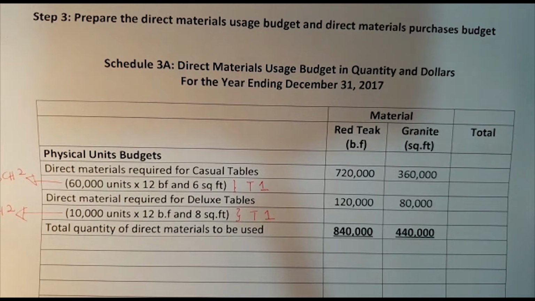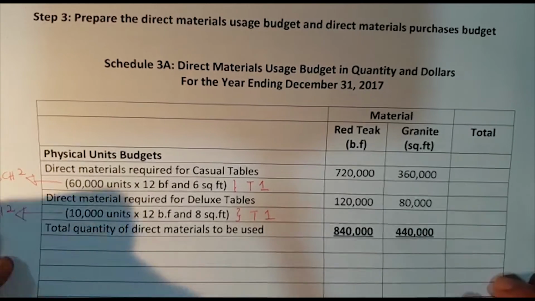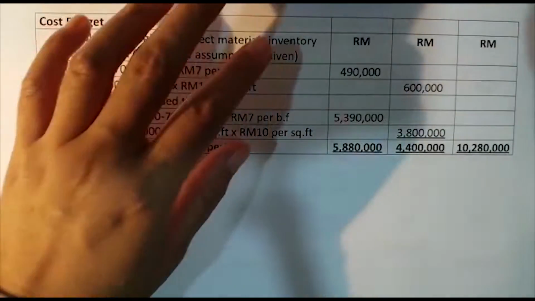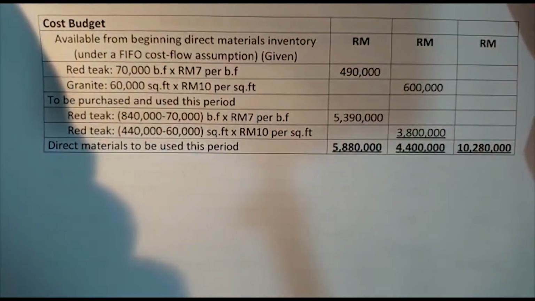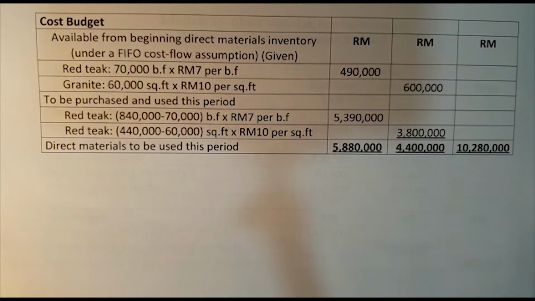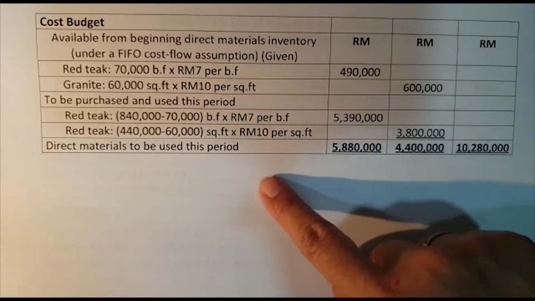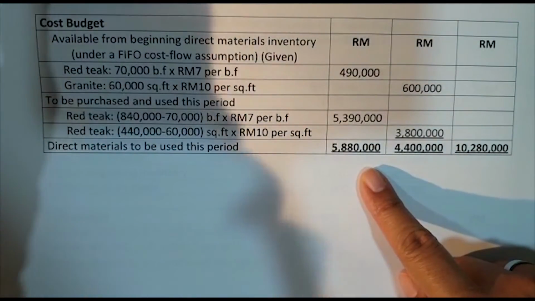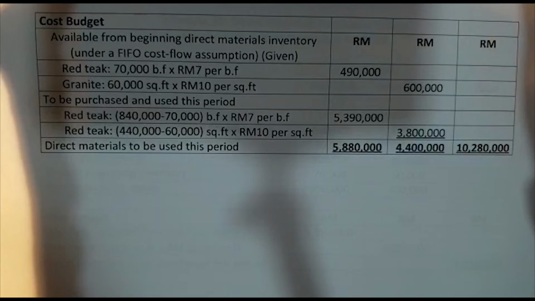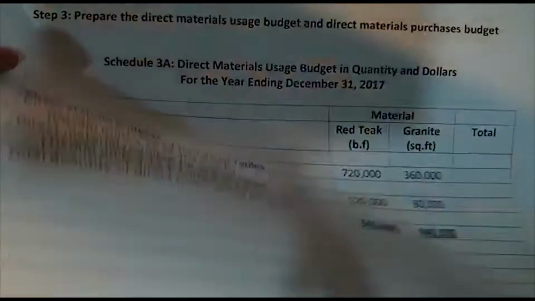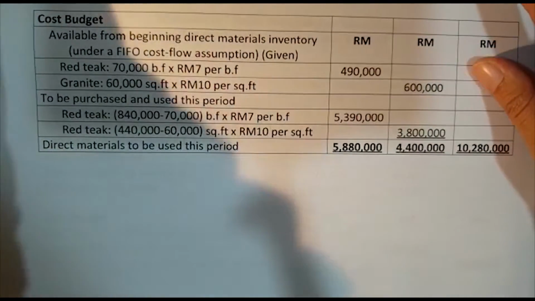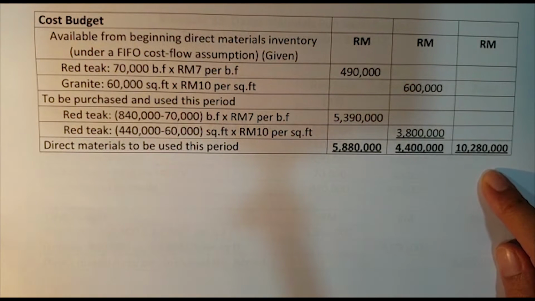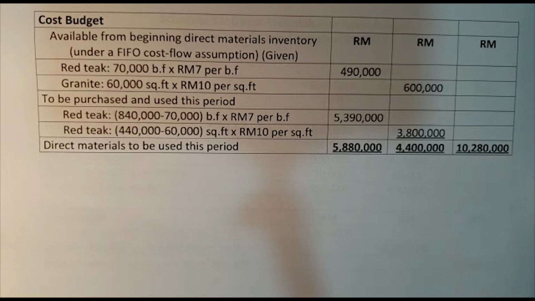However, we still don't know this value in monetary terms, so we have to calculate the cost budget for all the items we used before, which is also part of the table in 3A. We're going to look at the cost budget calculation for both red teak and granite.